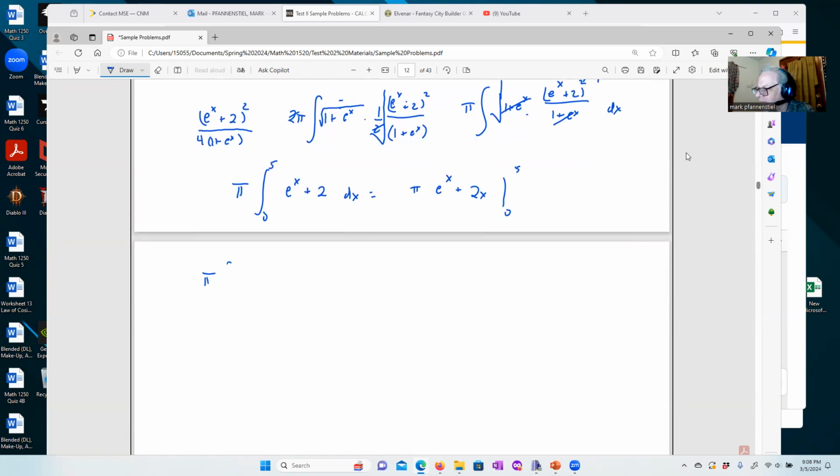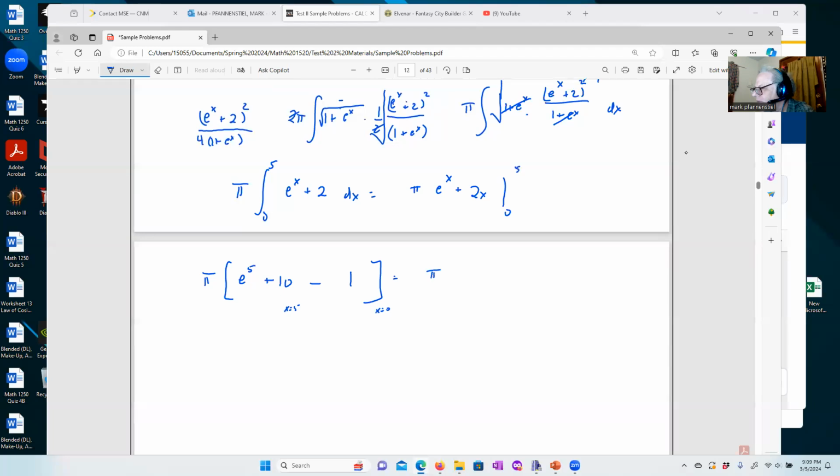We've got pi, we've got e to the fifth power, which is a huge number, plus 5 times 2 is 10, minus, and this is evaluated at x equals 5. We're going to subtract at x equals 0 here. e to the 0 is just 1, and 2 times 0 is 0, so we don't have to worry about that. Let's clean this up a little bit.